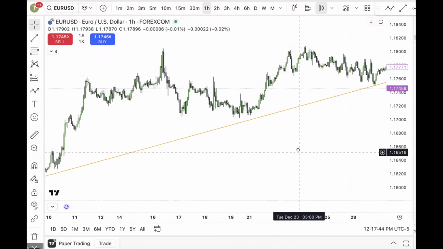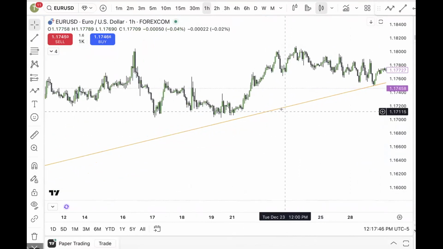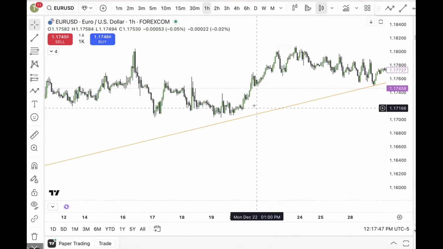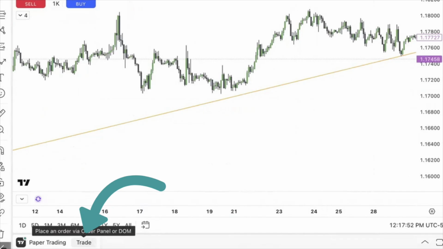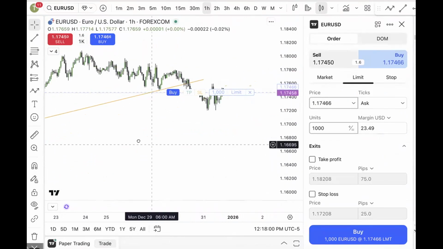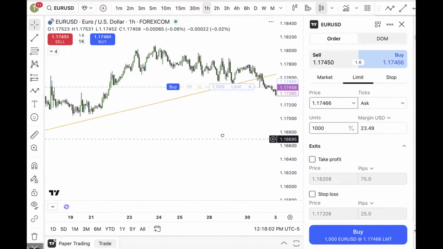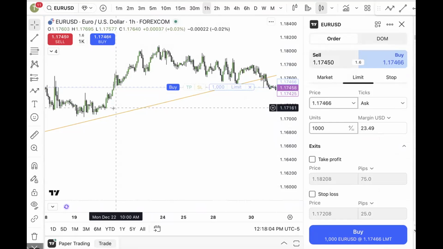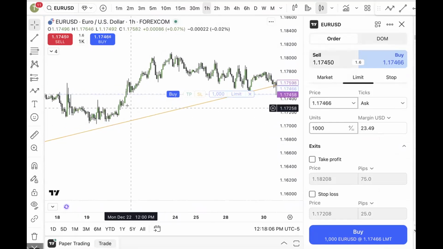And what you can also do is practice using your paper trading account. So we could take that same trade this way. So you click the word trade to place an order, and you'll see a panel come up. And this is a trading panel. And in the last example we just showed, we took a buy, like here in this area. And so you'd make sure that you click buy.